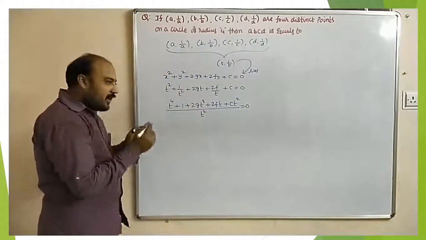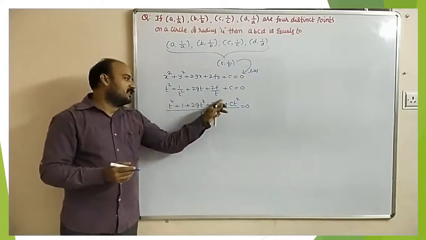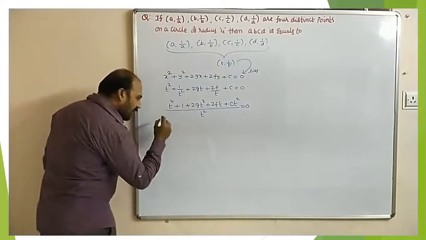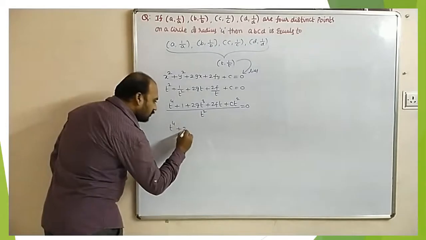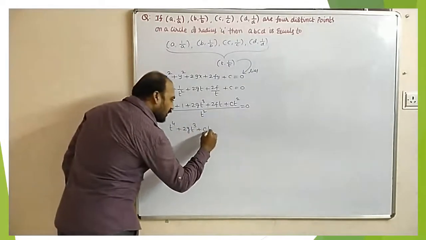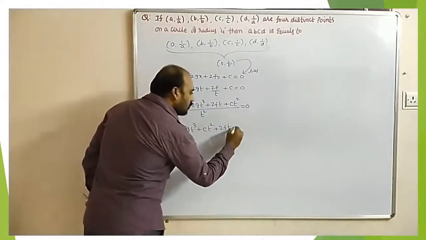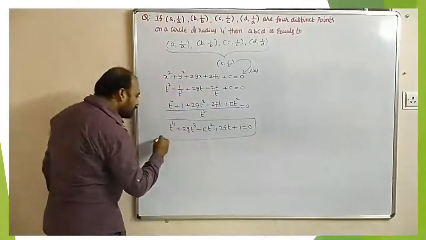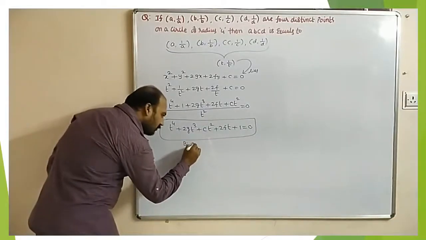Cross multiplying, first we have to arrange in order: fourth degree, third degree, second degree, linear and constant. t power 4 plus 2g t cube plus c t square plus 2f t plus 1 equal to 0. It is a biquadratic equation.